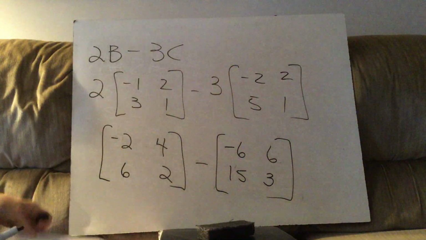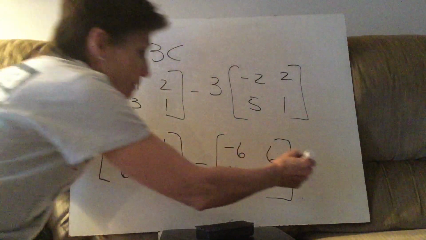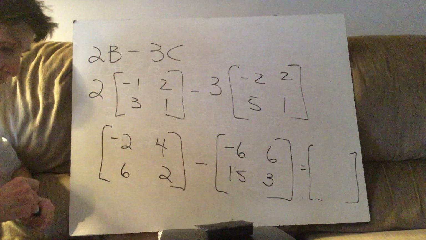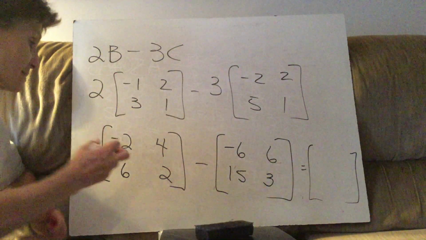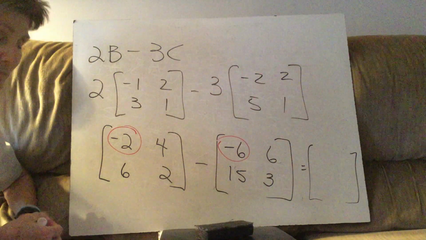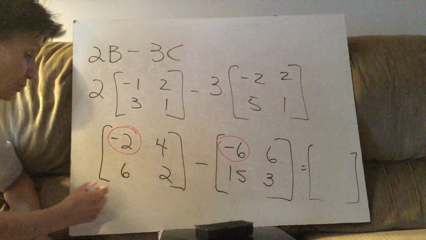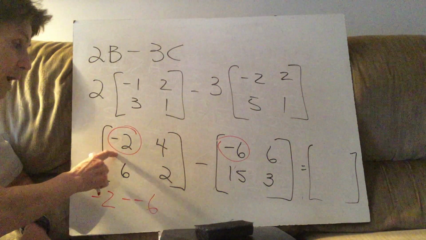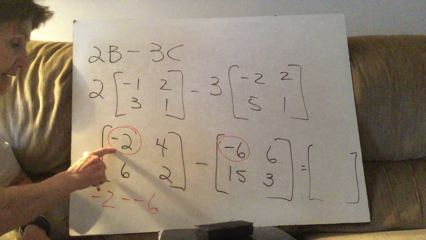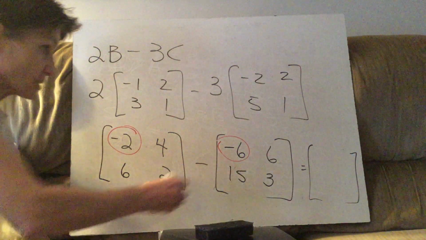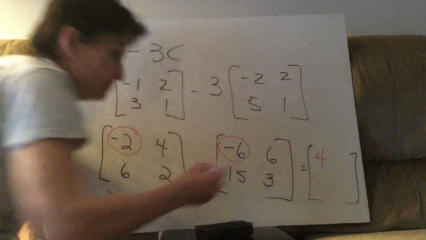Now I'm going to subtract. When I subtract, remember, I subtract corresponding positions. So it's negative 2 minus negative 6. Watch your arithmetic. Negative 2 minus negative 6. So that's going to be 4.